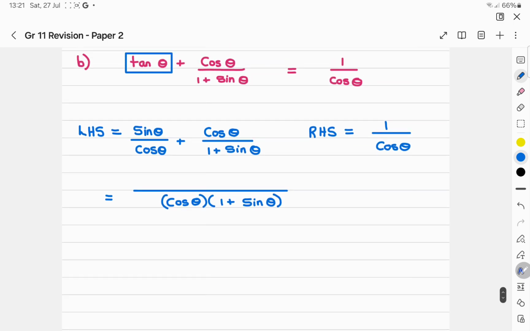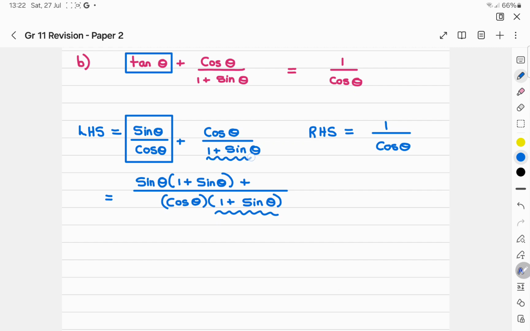And now you need to ask yourself, what did I do to this term to change the denominator to cos theta times 1 plus sine theta? We multiplied it with 1 plus sine theta. So what I do at the bottom, I need to do on top. So this sine theta over here needs to be multiplied with this part of my denominator, 1 plus sine theta.